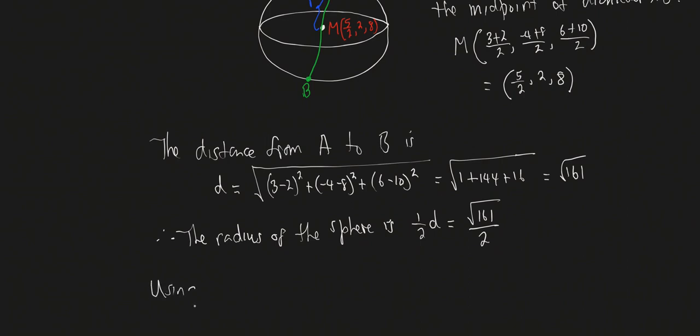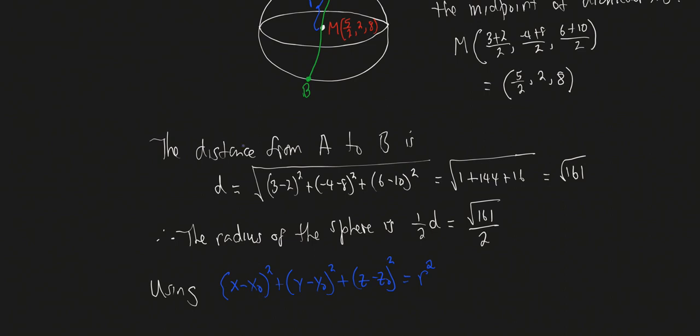So using, and let me write that, this is the standard equation. You have your x minus the x value of your center squared plus y minus the y value of your center squared plus z minus the z value of your center squared, and that's equal to the radius squared.